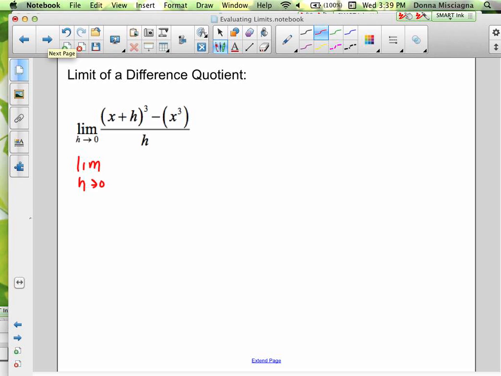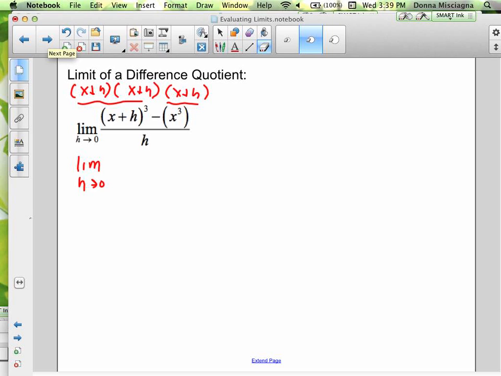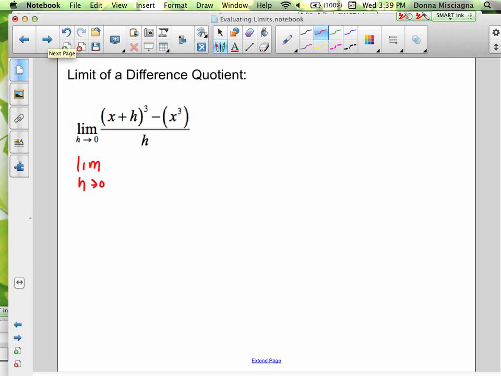Now I could write x plus h times x plus h times x plus h, and we'd multiply these two, and then we'd distribute that one to whatever was left after multiplying x plus h times x plus h. But let's use a little bit easier way, and you'll be able to remember this, all right? So the limit as h approaches 0. I already had the problem written, so let's just start cubing.